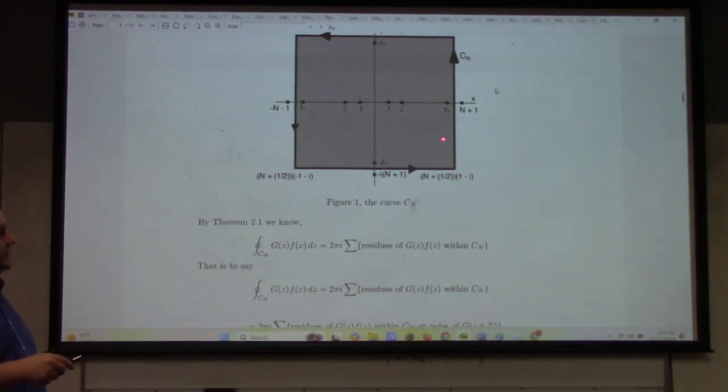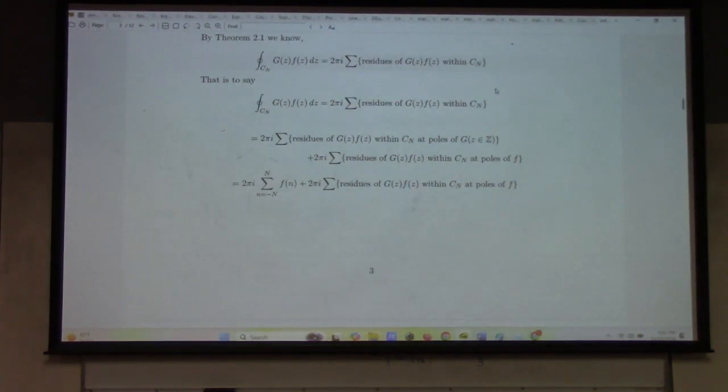And so it turns out that the integral around the rectangle is 0, which then allows you to equate some of the residues against the others. So there's two different kinds of residues: the residues at the integers, and the residues which appear because f of z has a singularity, and you're able to equate those two with a minus by the residue theorem. That's the long and short of it.